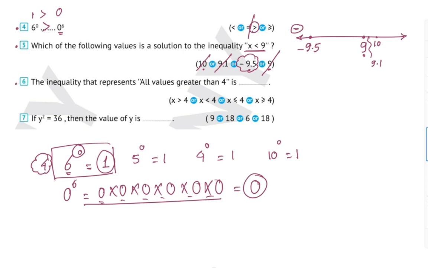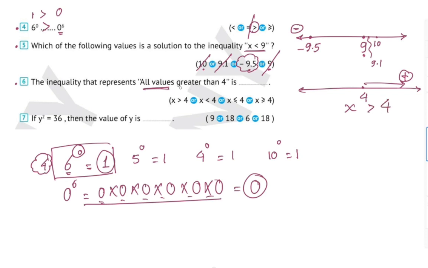Go to next. The inequality that represents all values greater than 4. Now I have 4 on the number line. Greater than means go to the right, to the positive direction. Right? So x will be greater than 4.